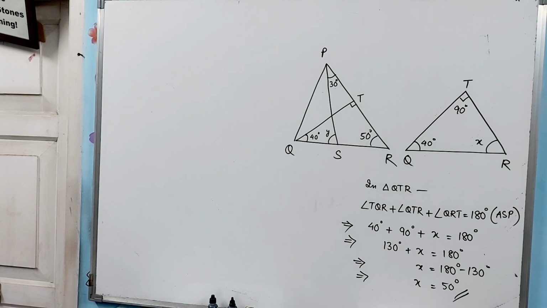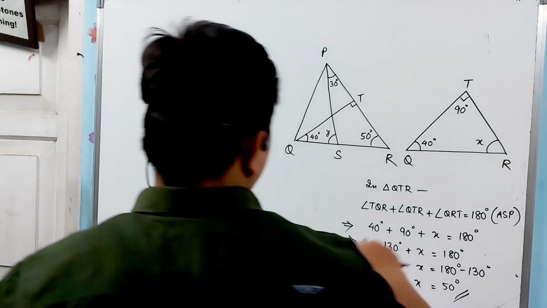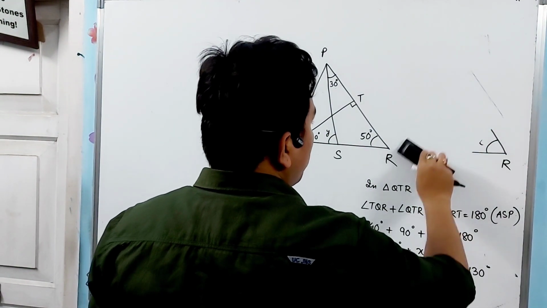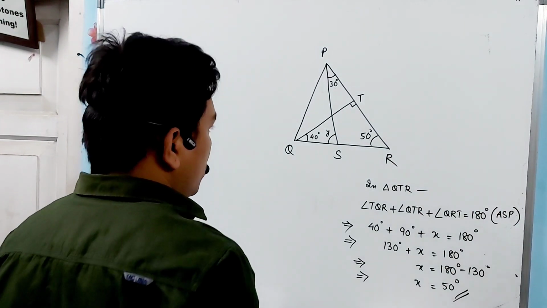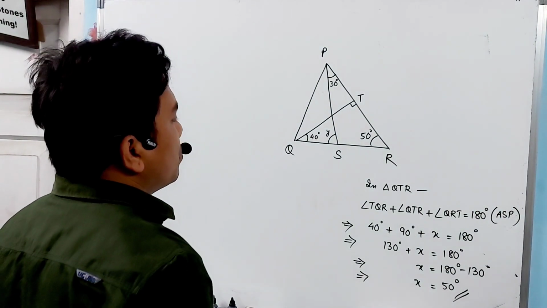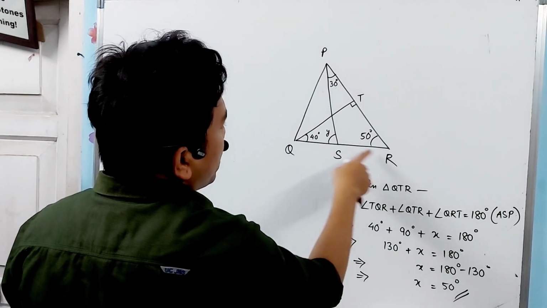Alright, so now we'll try to find out Y. For that I have to wrap this. So in order to find out Y, I will take out PSR triangle.